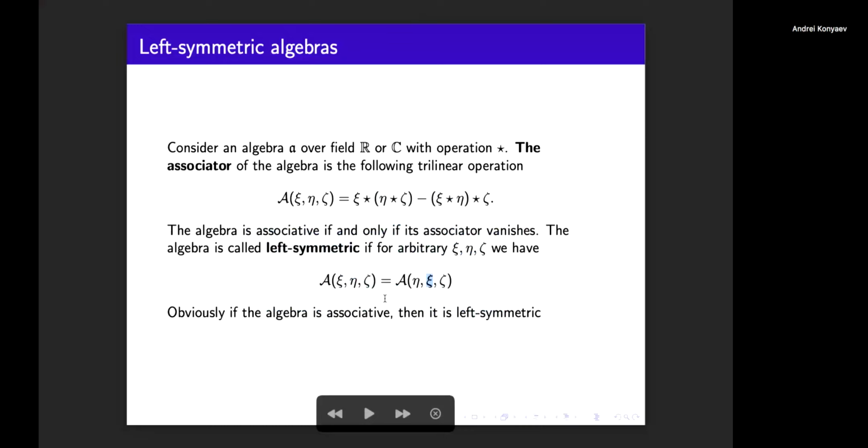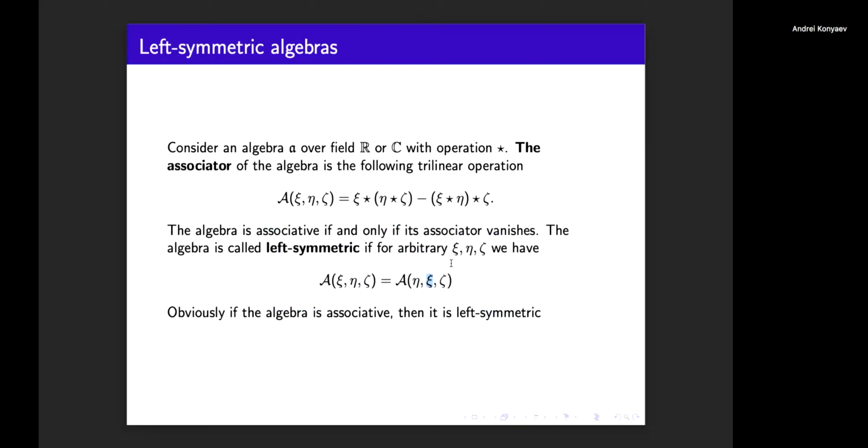If the associator vanishes, then obviously this condition holds because it is 0 here and it is 0 here. This shows that left symmetric algebras are a large collection, with associative algebras included in this class. So this class is rather large.